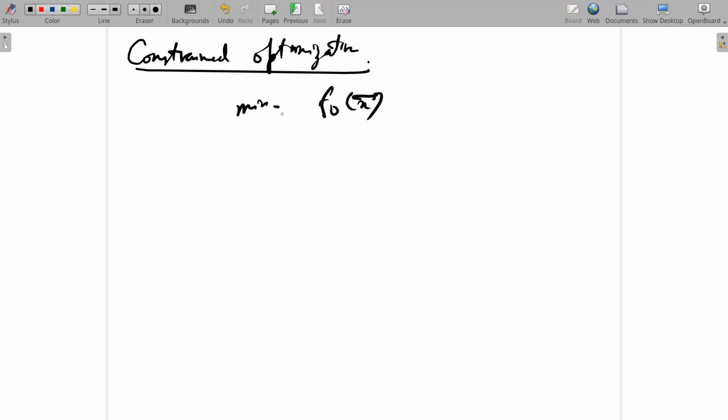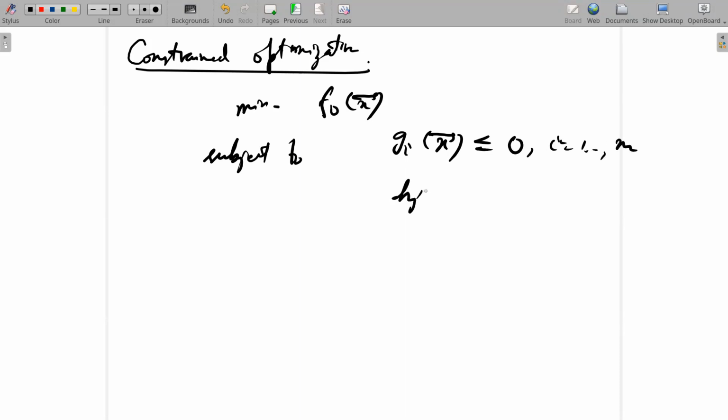Note that I'm not saying f naught is a convex function. I'm just saying I want to minimize, perhaps it is smooth or it could be piecewise linear, whatever. I want to minimize this function subject to certain constraints. So I have certain constraint functions, g_i(x) is less than or equal to 0, i equals 1 to m, and h_j(x) is equal to 0, j equals 1 through p.